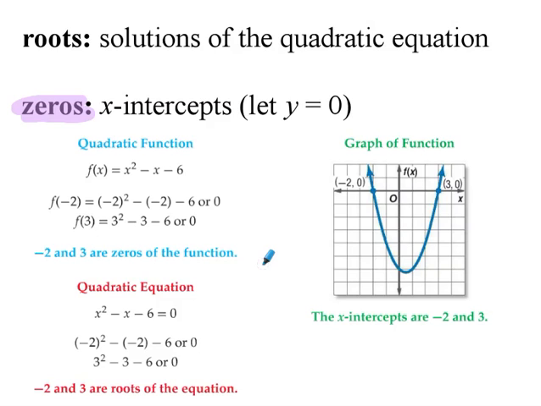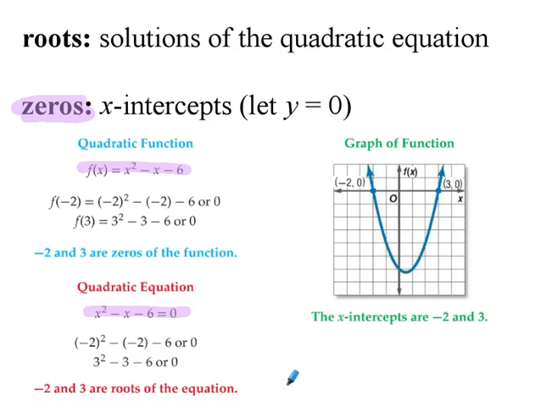So basically, here's my quadratic function right here. If I wanted to find my zeros, I'm going to let f of x or y equal 0, which is what I did right there. And so if you notice algebraically, they went through and showed that negative 2 and 3 are both zeros and roots of the equation.